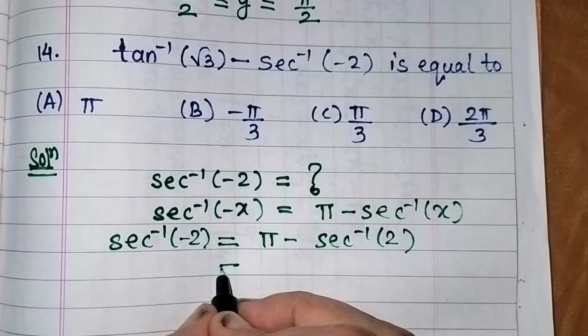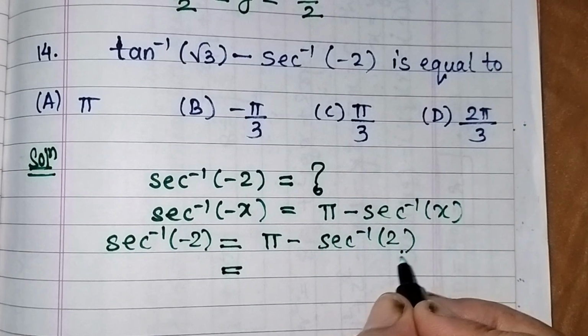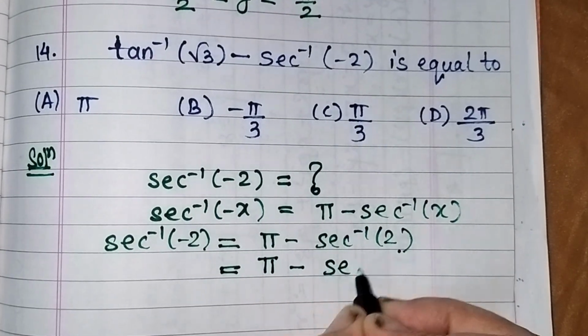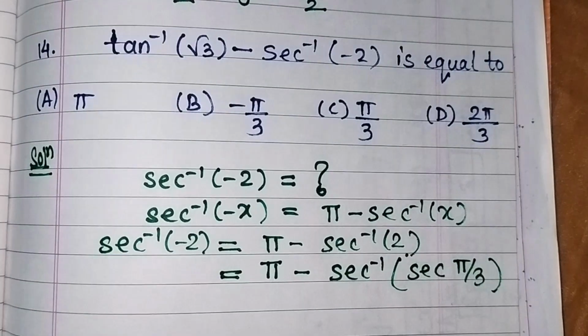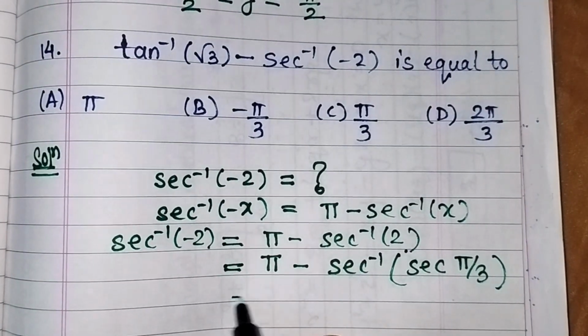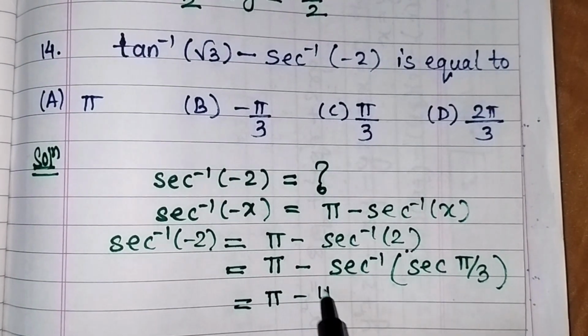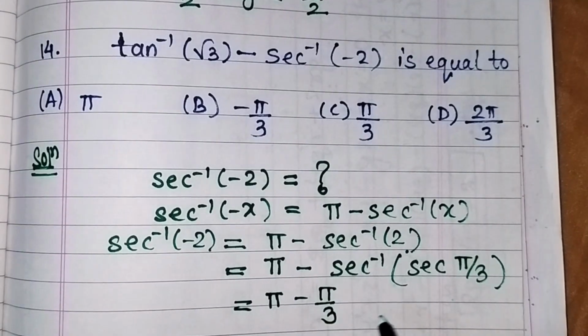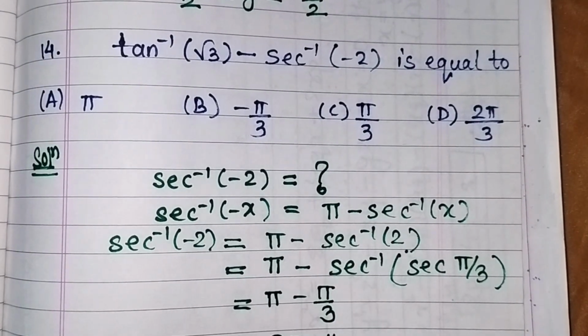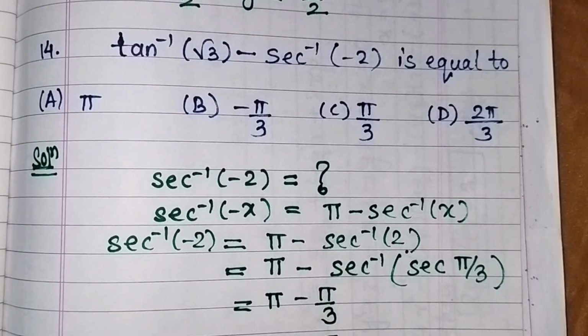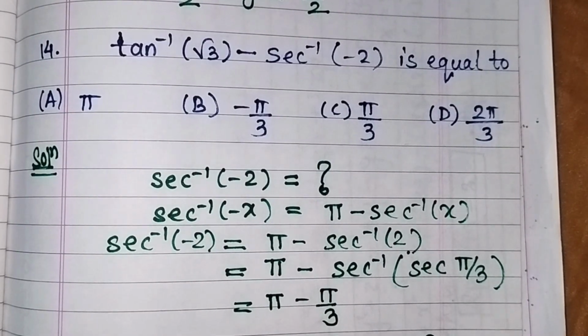And we know that in case of sec, sec 60 degree will give you 2. So sec 60 degree is sec pi by 3. When we solve this further, it is pi minus pi by 3. Take the LCM, it is 3 pi minus pi upon 3, so it is nothing but 2 pi upon 3.